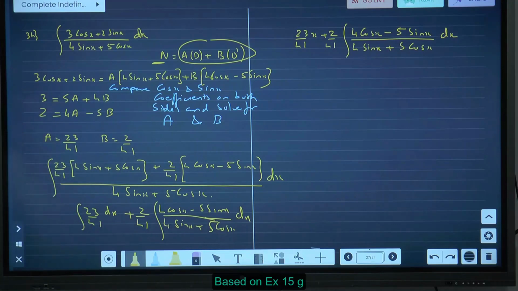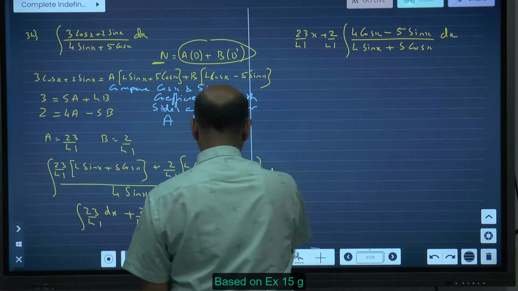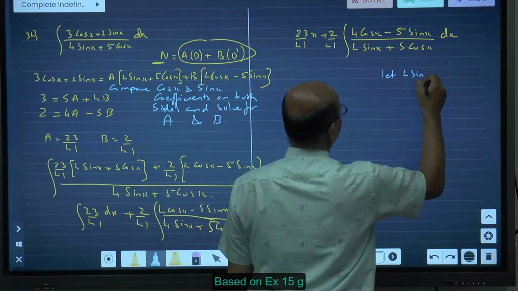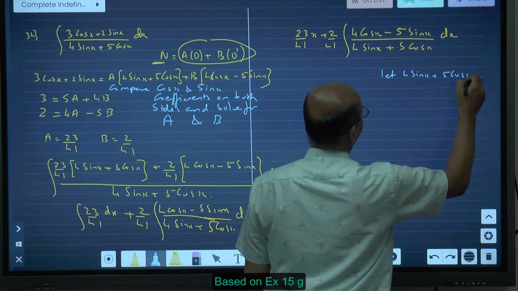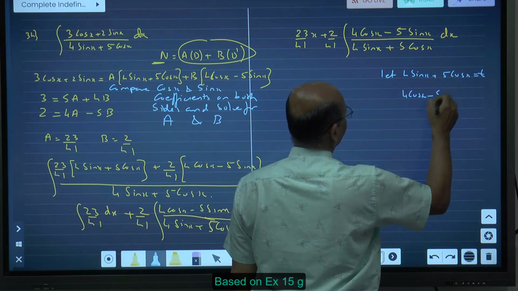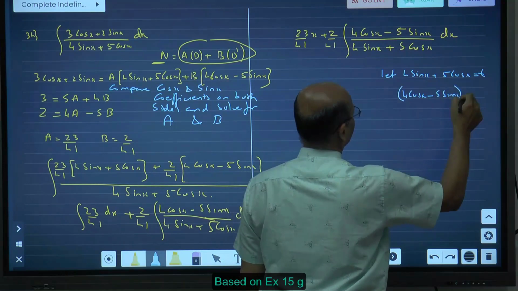Now I think I can work it out. I'll put this as t quickly. So let 4 sin x plus 5 cos x be t. So (4 cos x minus 5 sin x) dx is dt.